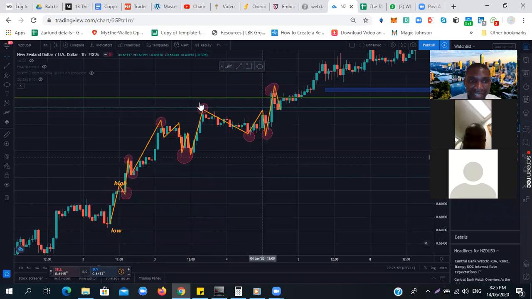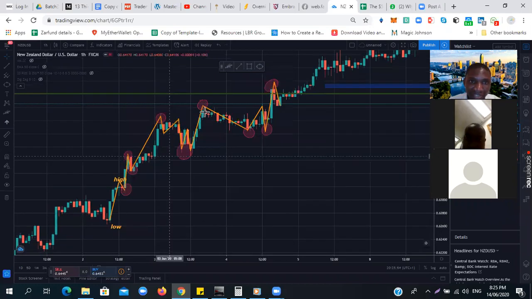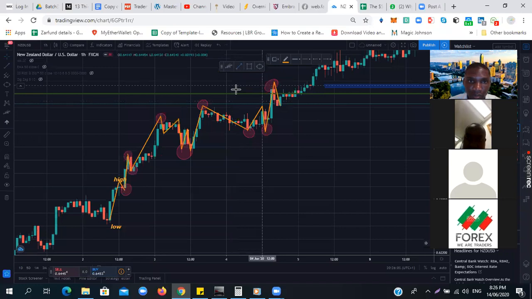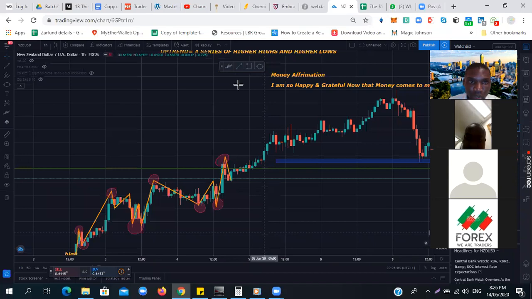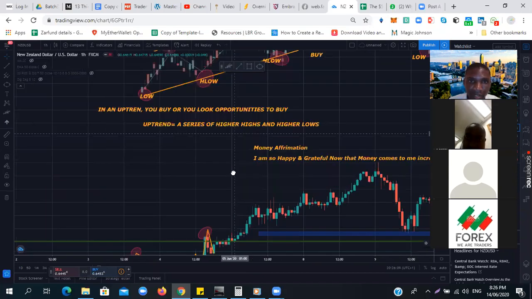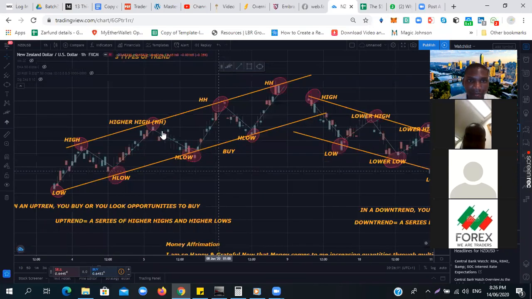What we are seeing here now is more like what we saw before. What we are seeing here is more like what we saw here. So we are in an uptrend right now.